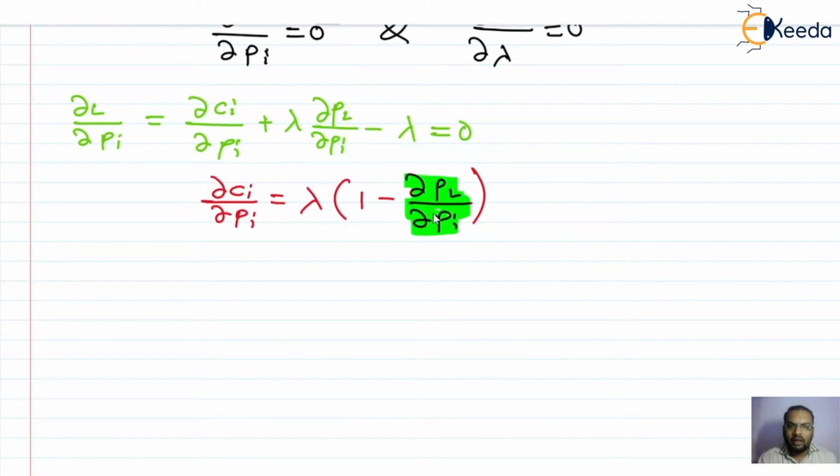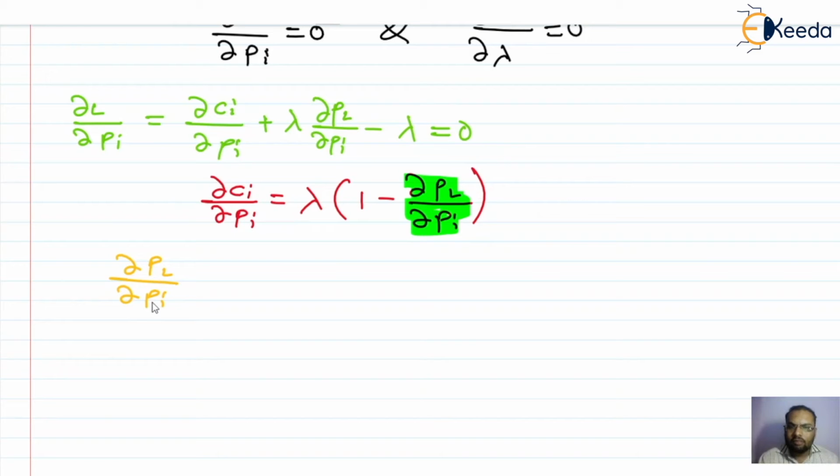Same way, see here, it is the differentiation of power loss with respect to power output. We can read this in this way: what will be the change in power loss for a change in power output? Pi is nothing but the power output of the generator. Let us assume that this dou is nothing but a small change.